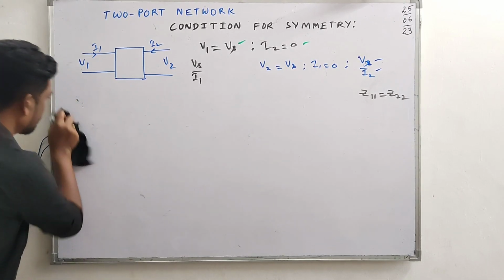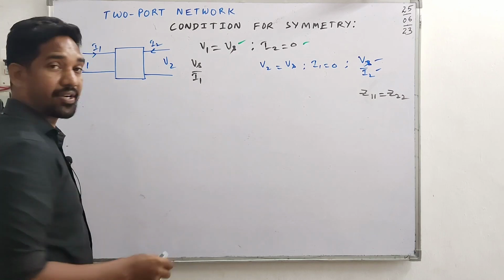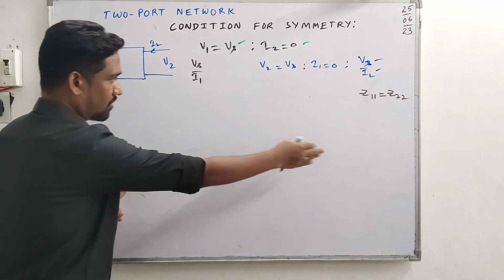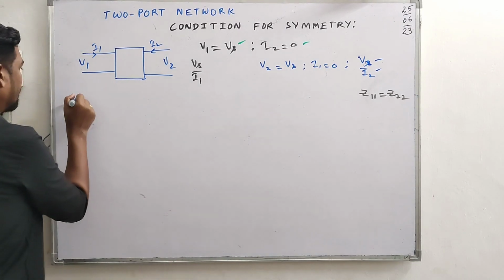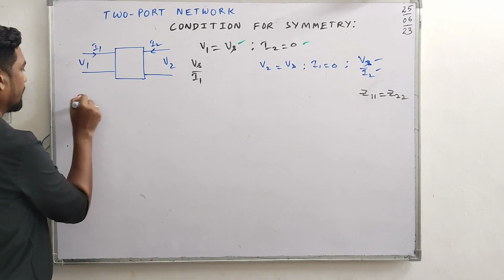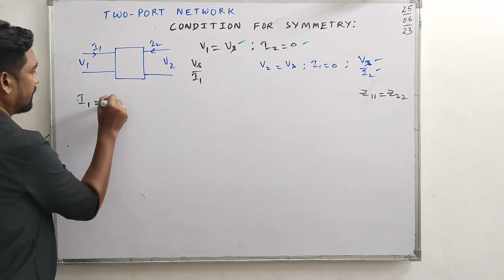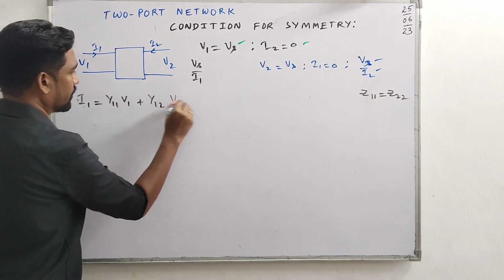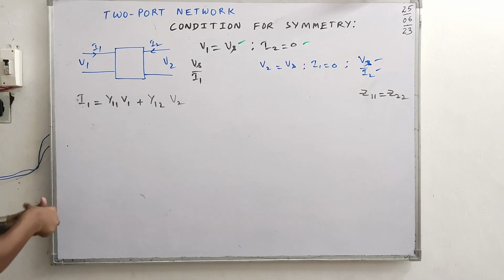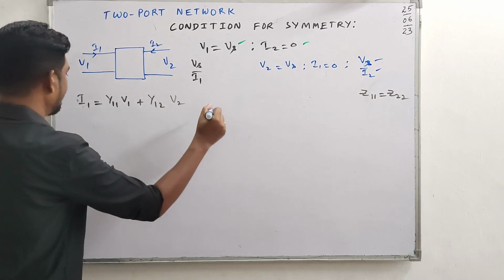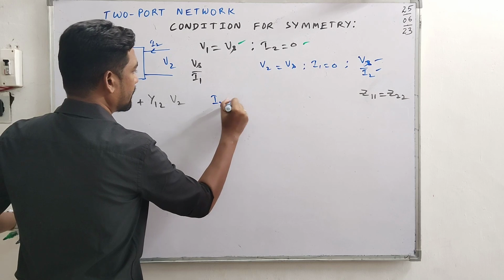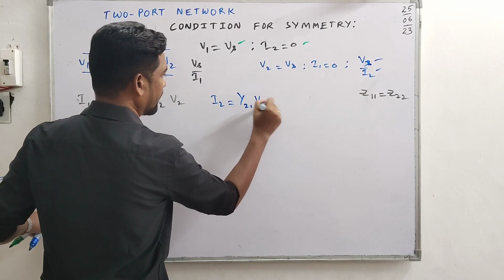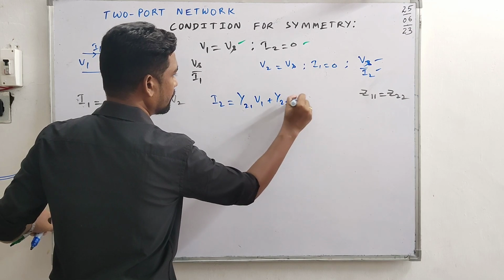Now when it comes to Y parameters, those two standard expressions are used, only the evaluation for Y parameters takes a longer process. In terms of Y parameters, I1 equals Y11 V1 plus Y12 V2, and the second equation is I2 equals Y21 V1 plus Y22 V2.